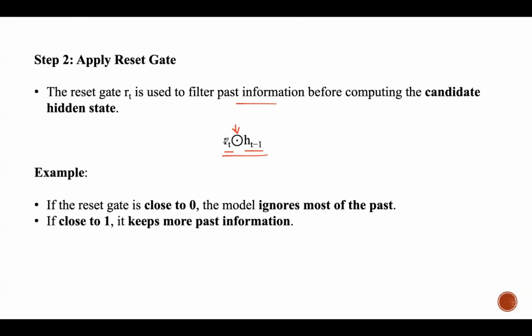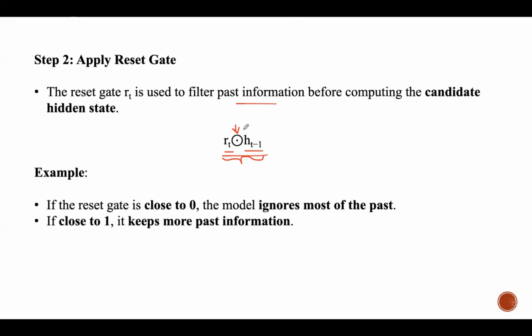Then why do we need this element-wise multiplication between these two? That is used in the next step while computing the candidate hidden state. This part controls how much past information contributes to the new memory computation.